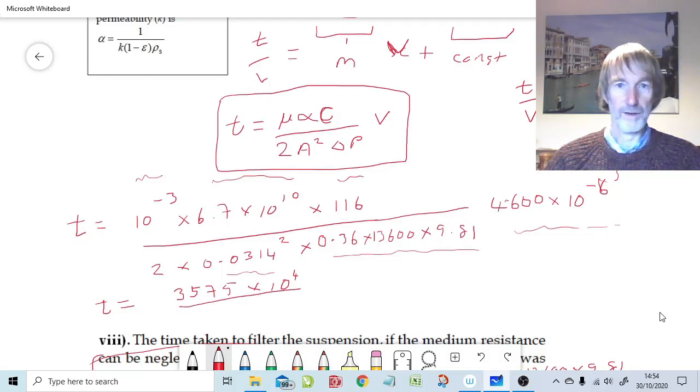And we have on the bottom 0.0314 times by 0.0314 times by 2 times by 0.36 times by 13,600.